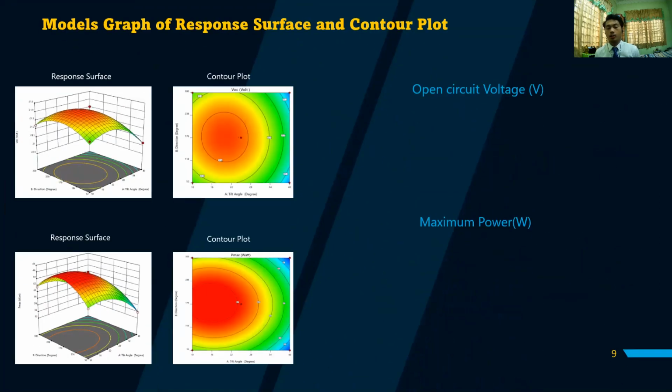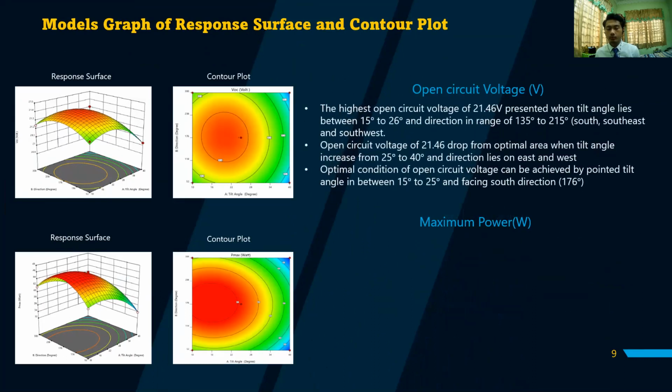So this is for the open circuit voltage response surface and contour plot. The highest open circuit voltage of 31.46 volt is present when the tilt angle lies between 15 to 26 and the direction is in the range of south, southeast, and southwest. However, the open circuit voltage of 31.46 volt drops from the optimal area when the tilt angle increases from 25 to 40.